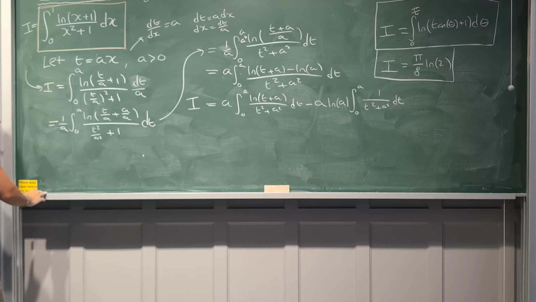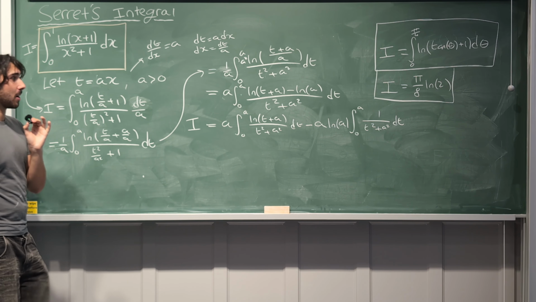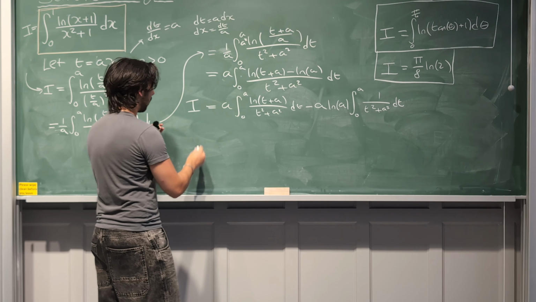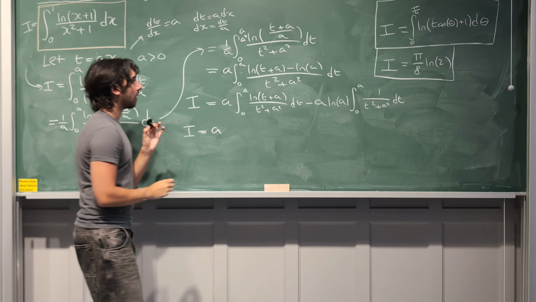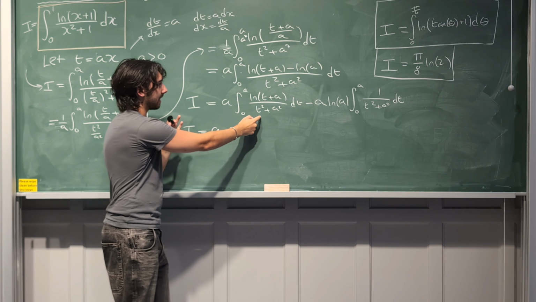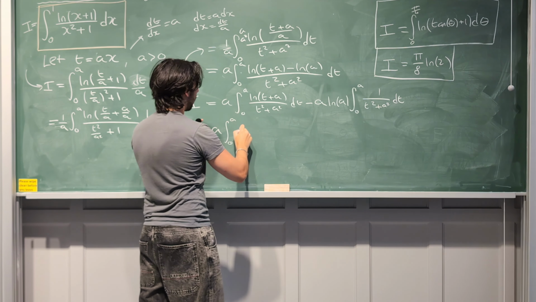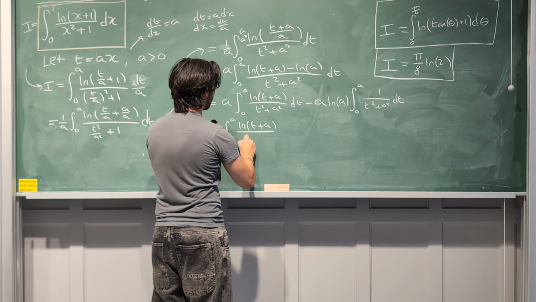And now what you can see is we've kind of got a similar situation happening again. But first of all, let's look at what this is. So we've got that I is equal to a times, and then that's not exactly I. So that's just the integral from 0 to a of the natural log of t plus a over t squared plus a squared.